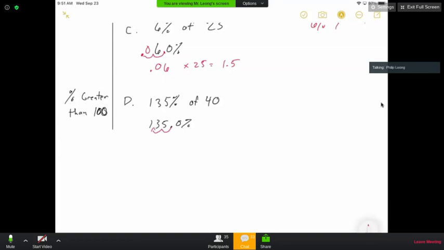So this becomes 1.35 times 40. Put that in your calculator, and you should get 54. That's not so hard. Once you get the hang of it, it's actually pretty easy.